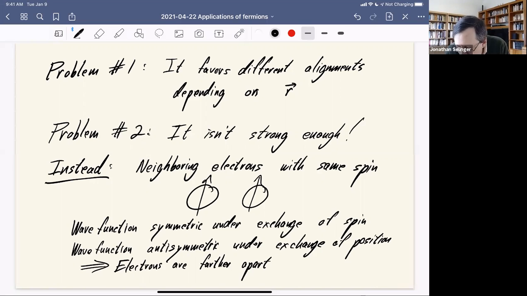When you have the anti-symmetric position wave function, there is zero probability for the electrons to be in exactly the same place, and there's a reduced probability for the electrons to be close together.